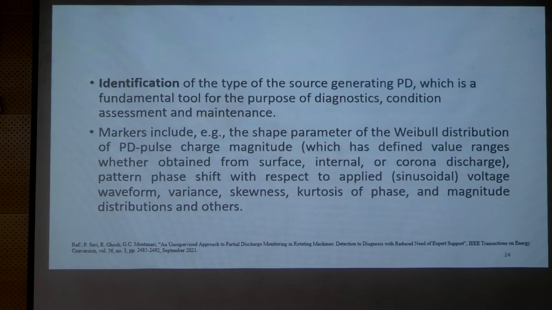We can identify what type of faults based on these shape parameters of different variable distributions. As sir was explaining about variance, skewness, kurtosis, in the time domain analysis these help in identifying what the defect could be.